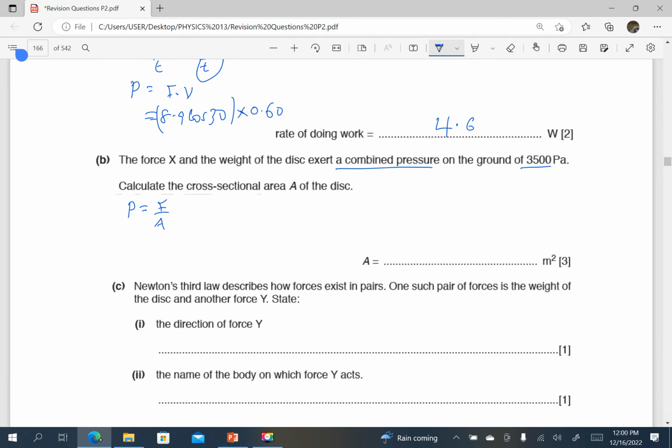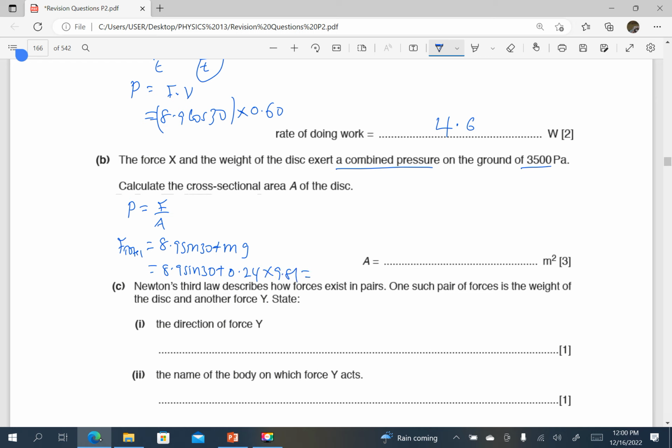So the total force, F total, is going to be 8.9 sine of 30 plus the weight, which is M times G. That is the total force causing the pressure, or 8.9 sine of 30 plus the mass of the disk, which is 0.24, times G, which is 9.81.